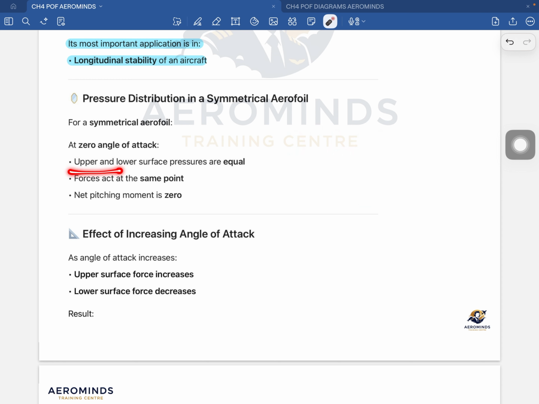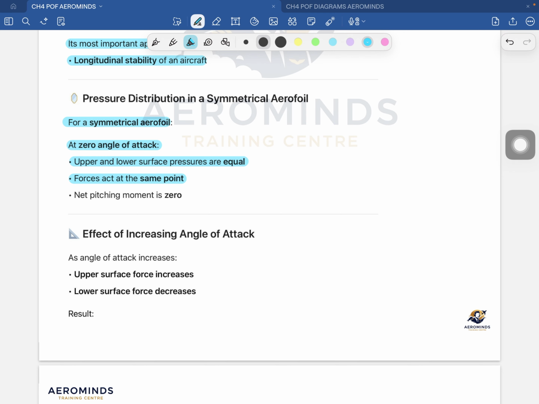The upper and the lower surfaces are equal, so the pressures on both surfaces will be equal, and the force acting will be equal and at the same location. Therefore the net pitching moment will also be zero. There is no turning effect trying to rotate the aerofoil. Got it? For a symmetrical aerofoil at 0 degree angle of attack, the upper and the lower surface pressures are equal.